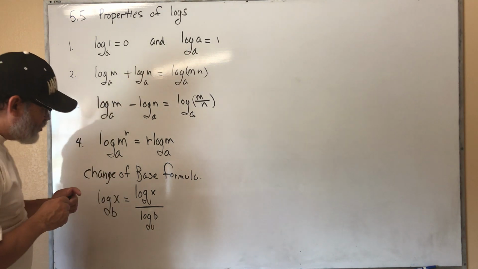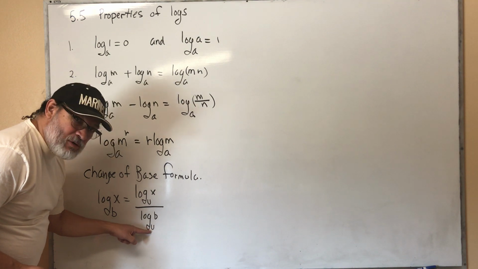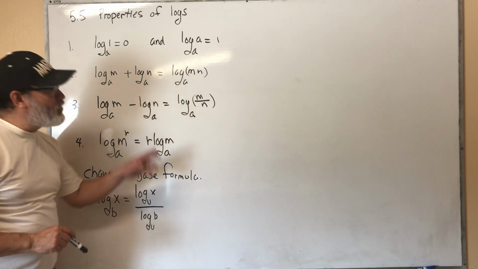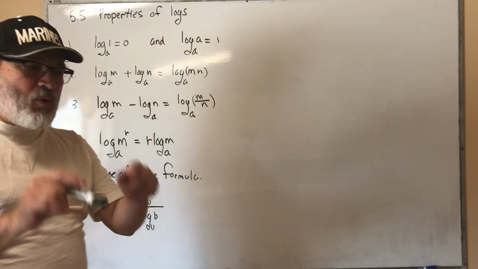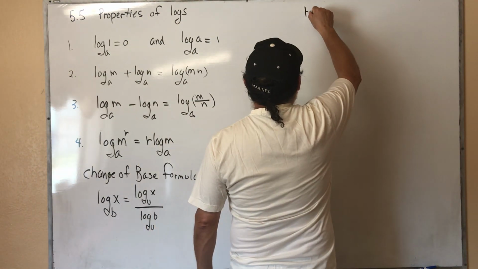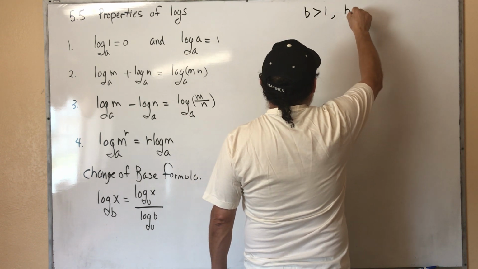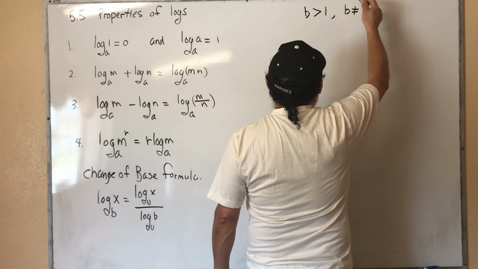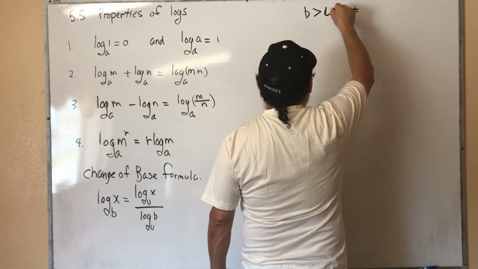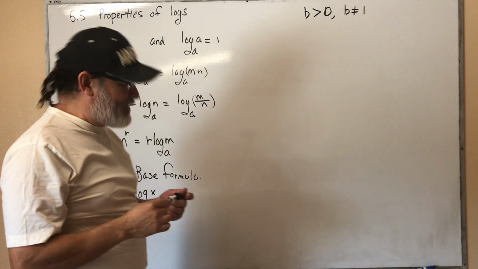And the reason I use u is because this u, the same u, is what you want. Whatever you choose, as long as the base is greater than 0 and the base not equal to 1, you're okay.